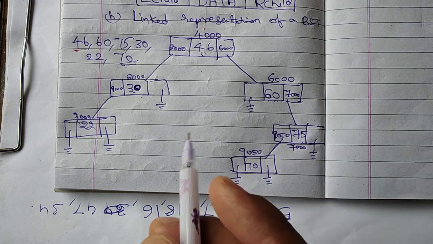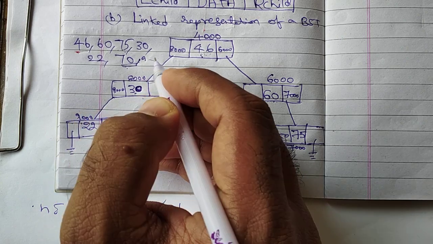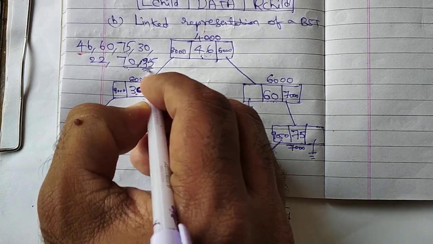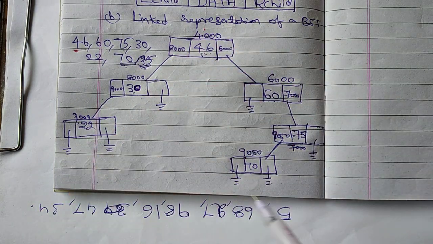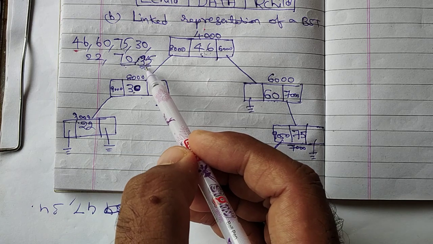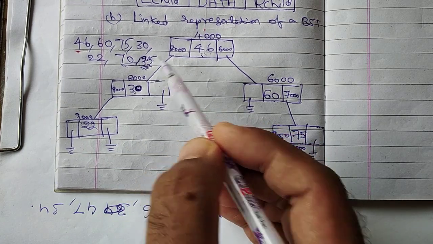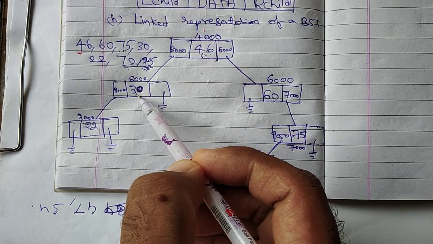Suppose we want to store 35. Your tree is already established. In the tree I want to insert 35. So simply start from 46. 35 is less than 46. Immediately come to the left subtree. There is one more node.